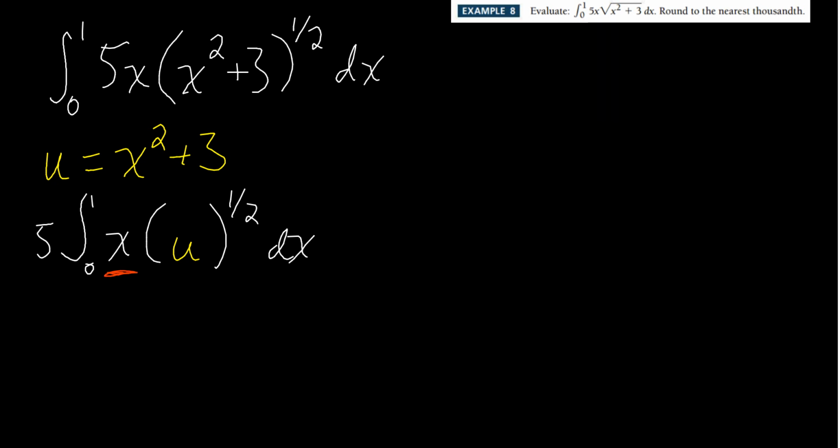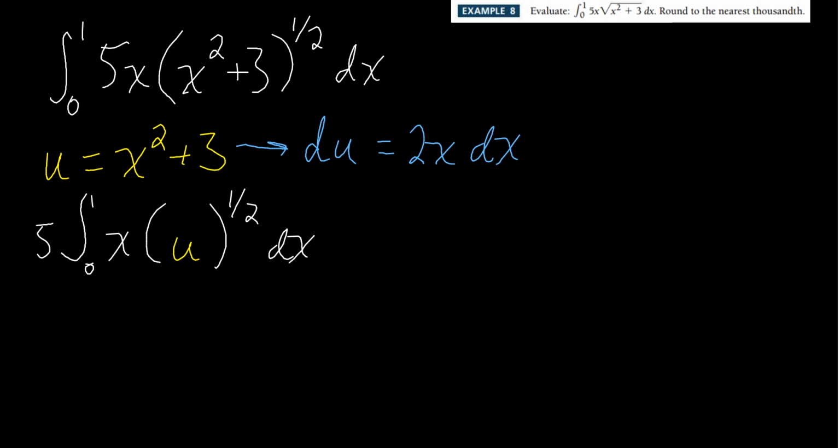But we still have to deal with this x dx. So coming up here, let's go ahead and take the derivative of both sides. We have the derivative of u is du. That's going to be equal to 2x dx. And now, similar to how the first few examples, we really drove the point home. All we had to do was substitute in du.